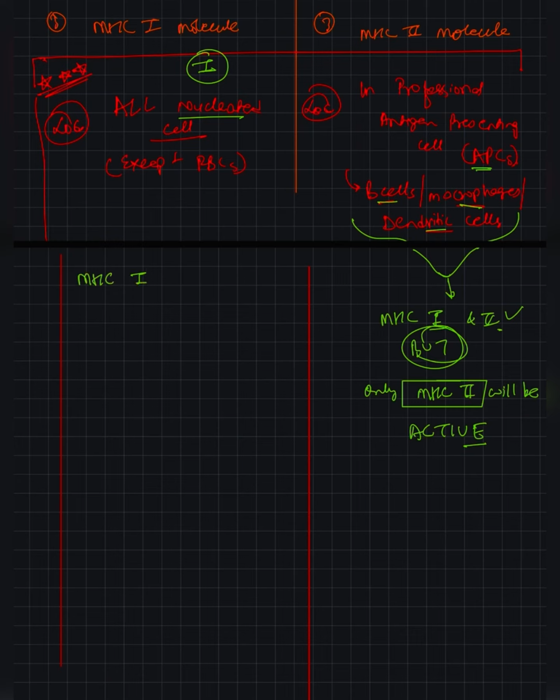MHC1 will present antigen to the T cell receptor of CD8, which is also known as cytotoxic T cell, and MHC2 will present the antigen to the T cell receptor of CD4, which is helper T cells.